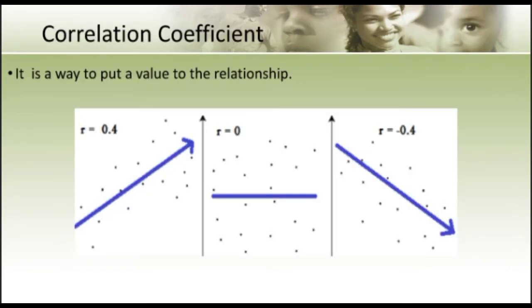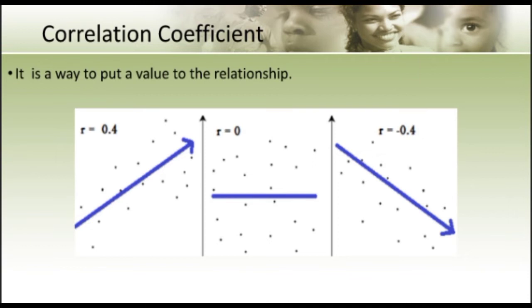Next, the correlation coefficient. The correlation coefficient is a way to put a value to the relationship. A correlation coefficient has a value between -1 and 1.